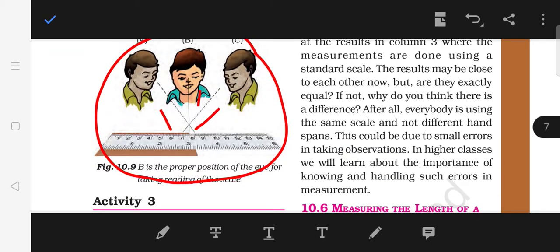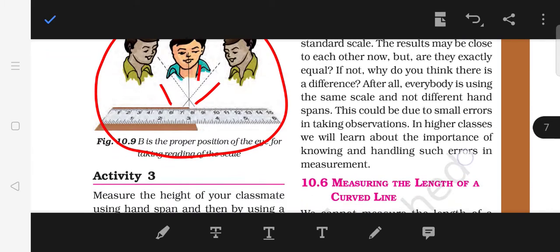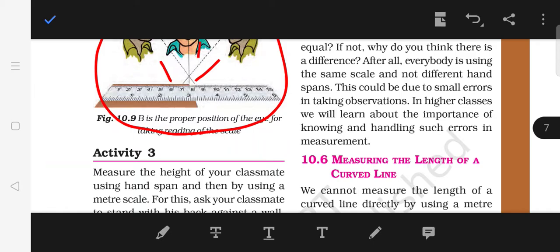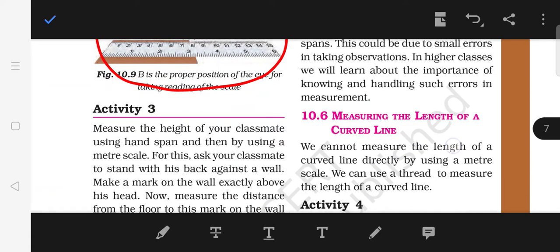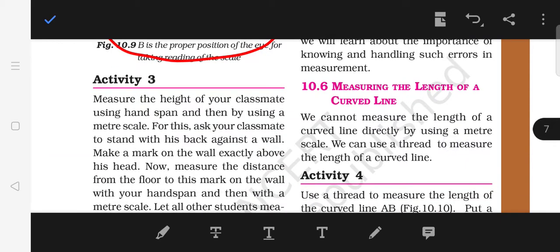The results may be close to each other now, but are they exactly equal? If not, it means you have not taken proper reading with the meter scale. There could be a small error, children. In higher classes, you will learn about the importance of knowing and handling such errors in measurement.